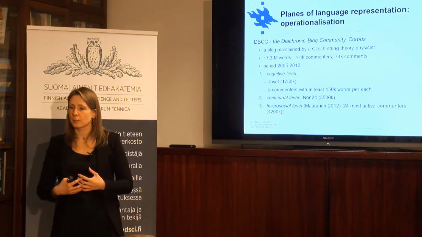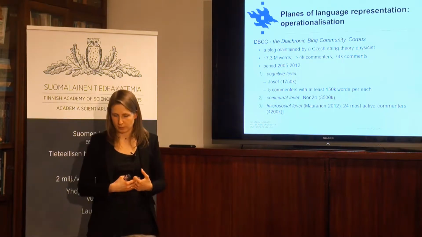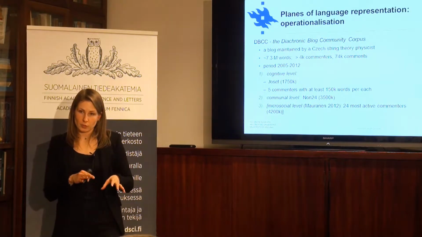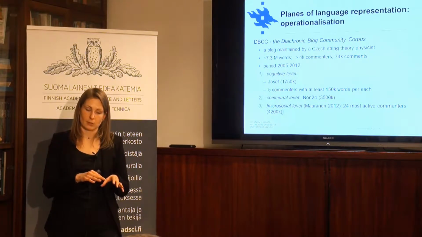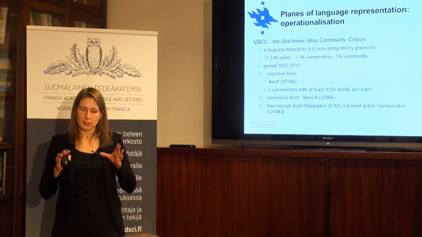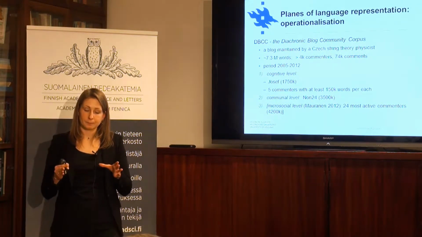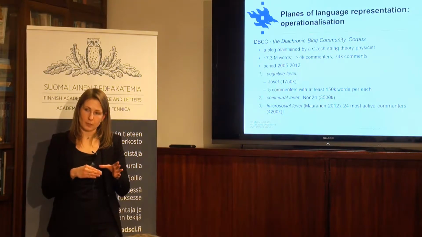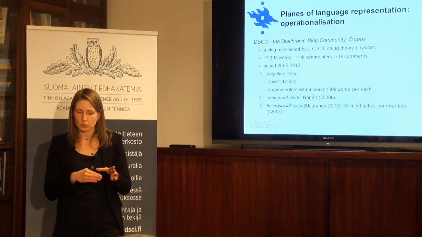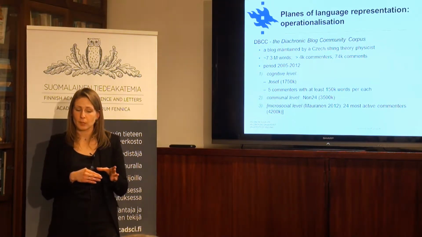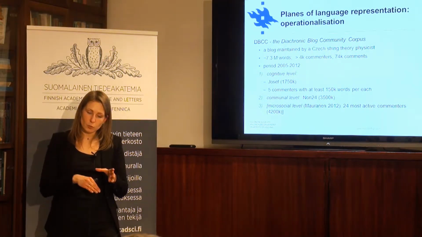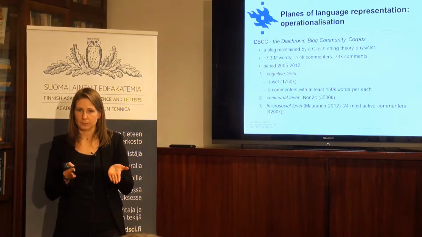So I can treat them as language represented at the cognitive level, and each of these languages is treated as a cognitive or individual language. But when I take the whole blog and remove all the comments written by those 24 very active contributors, who've contributed many thousand words, I get the communal level.